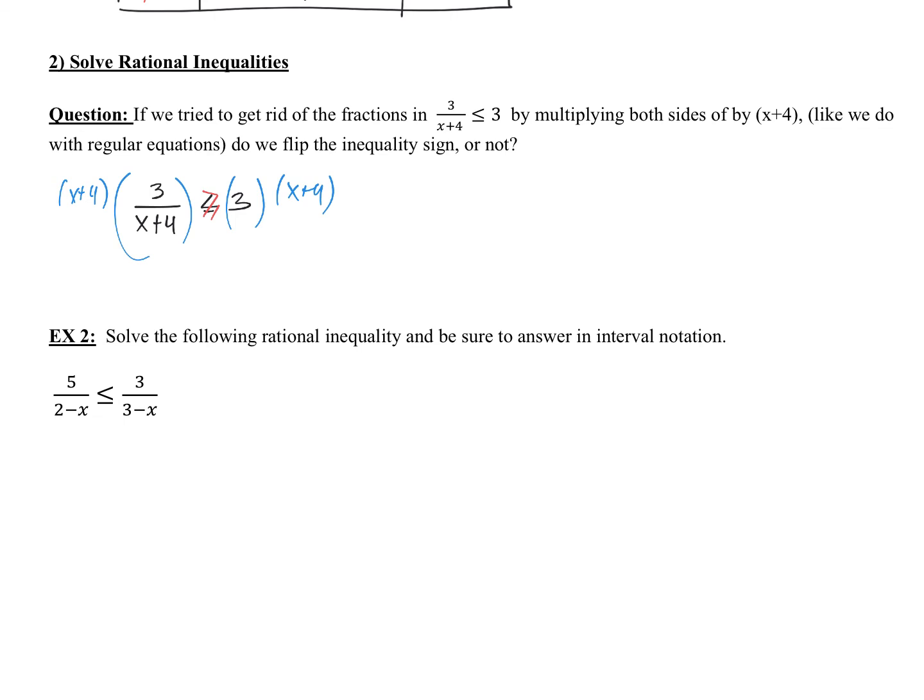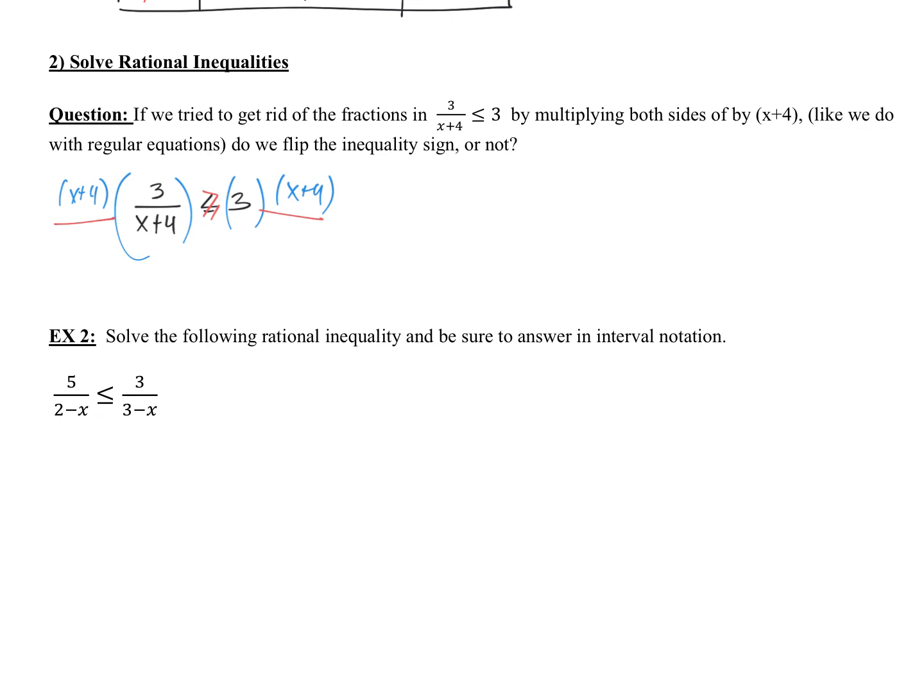The question is, is x plus 4 positive or negative? The thing is, we don't actually know. Because we don't know, we cannot multiply both sides by this. If it was a negative, we'd have to flip the sign, and if it was a positive, we'd keep the sign. But we don't know which one it is.